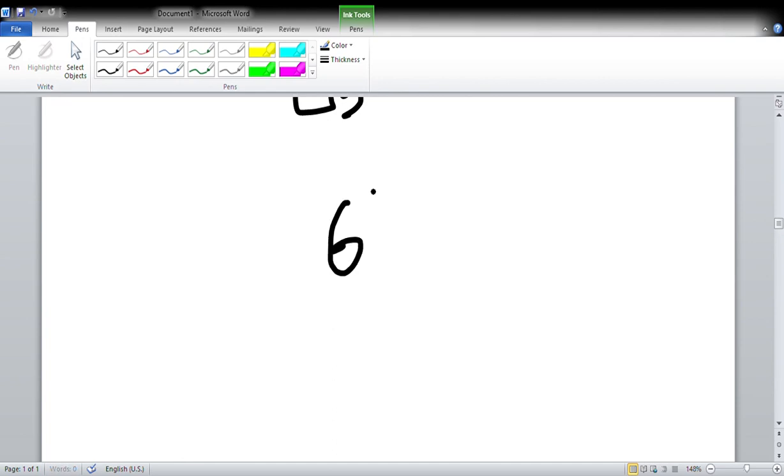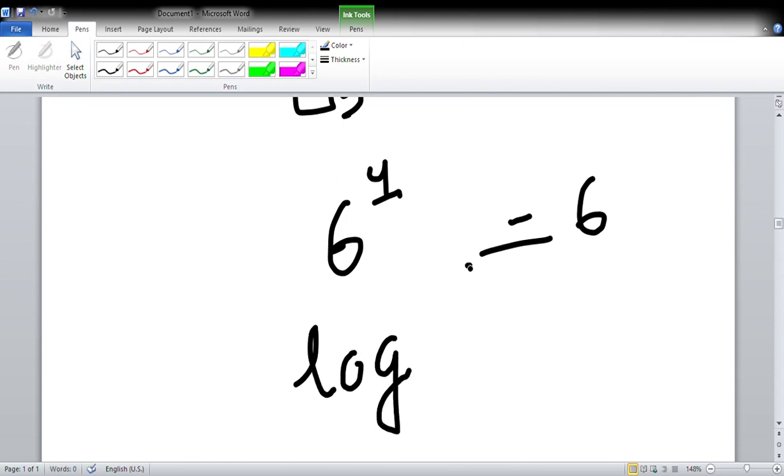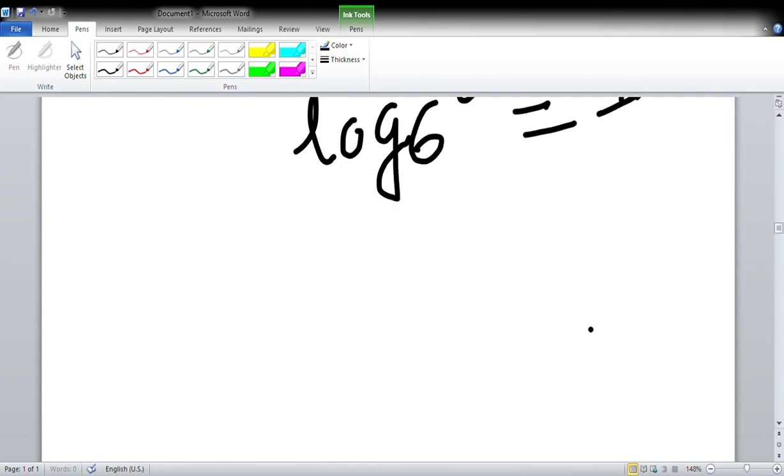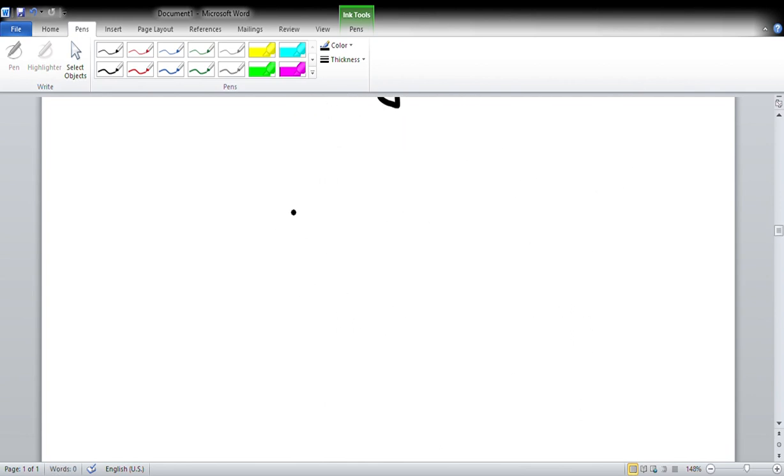Suppose 6 to the power 1 is equal to 6. If you convert in logarithmic form, that means log of 6 with the base 6 is equal to 1, right? Suppose you take 20 to the power 1 is equal to 20.